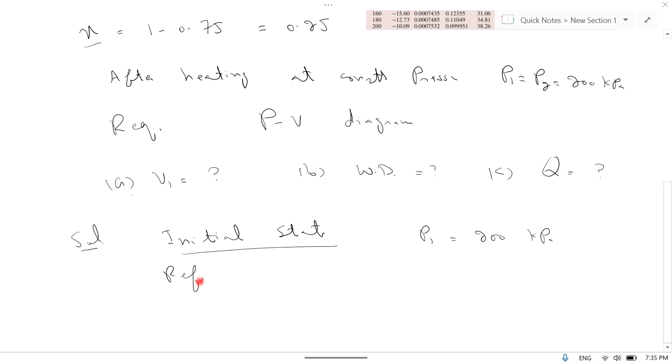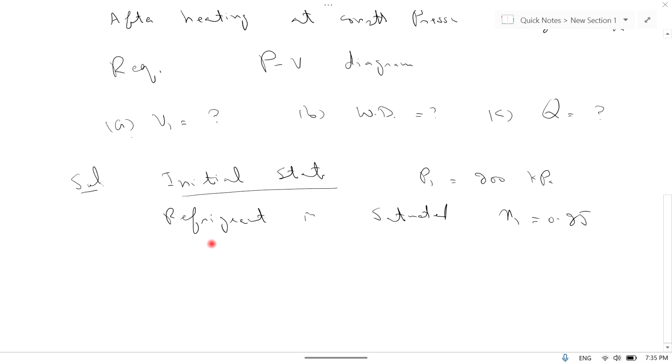The refrigerant is saturated, and saturated means liquid-vapor region, and x1 is equal to 0.25. So first we find V1, Q and W. First we find vf, vg, hf and hg from the saturated table of R-134a.